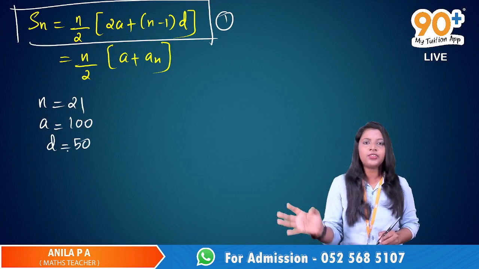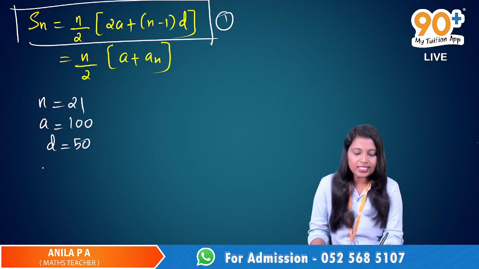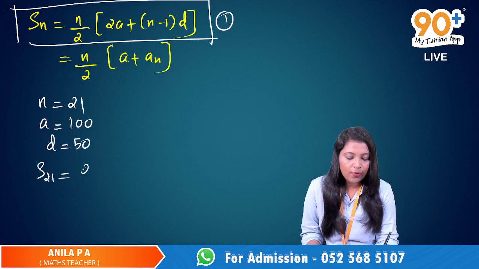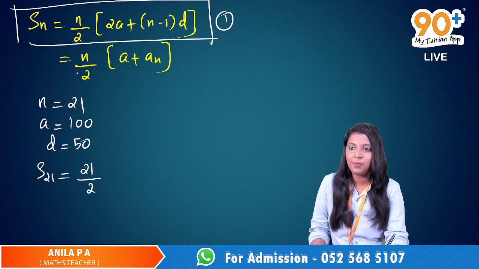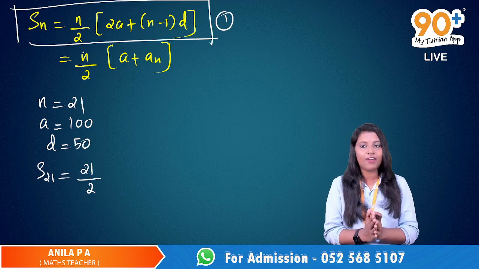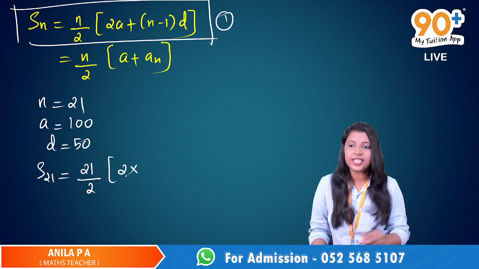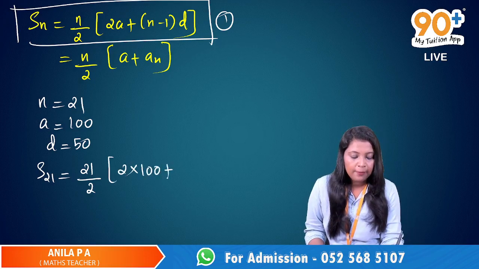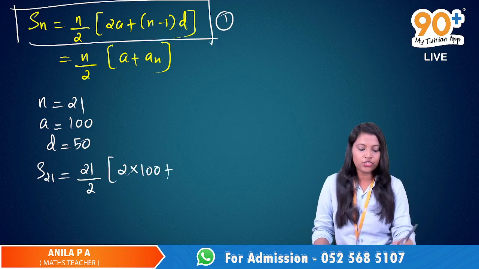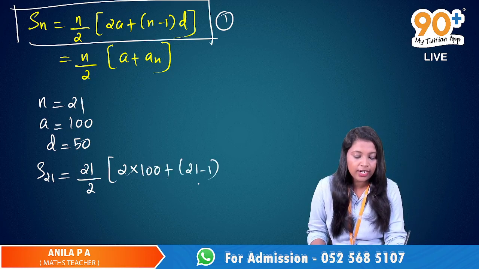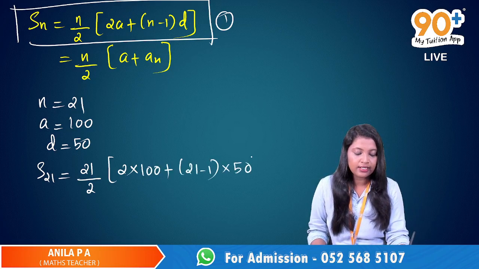Do we need some other information? No. So S21 is equal to 21 by 2, which is n by 2. We are simply substituting the values. So 21 by 2 into (2 times a, that is 2 times 100, plus (n minus 1), which is 21 minus 1, into d, that is 50).